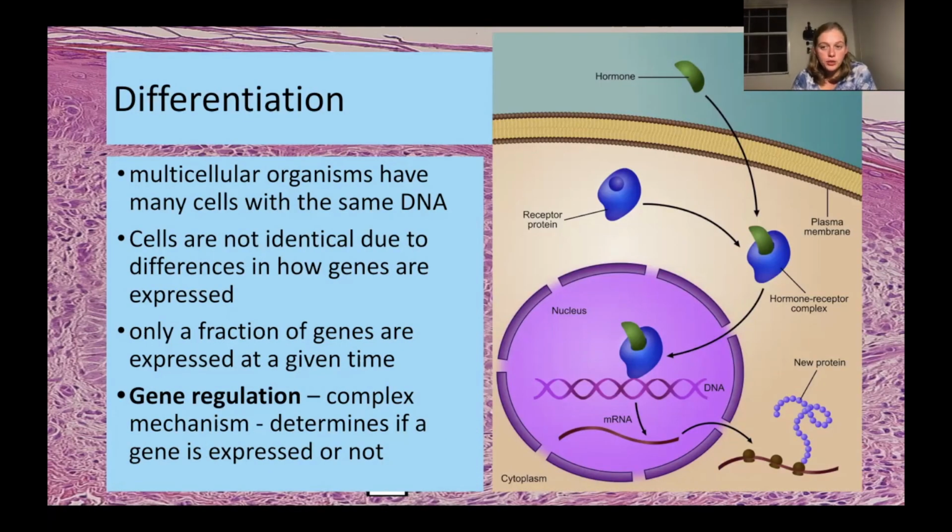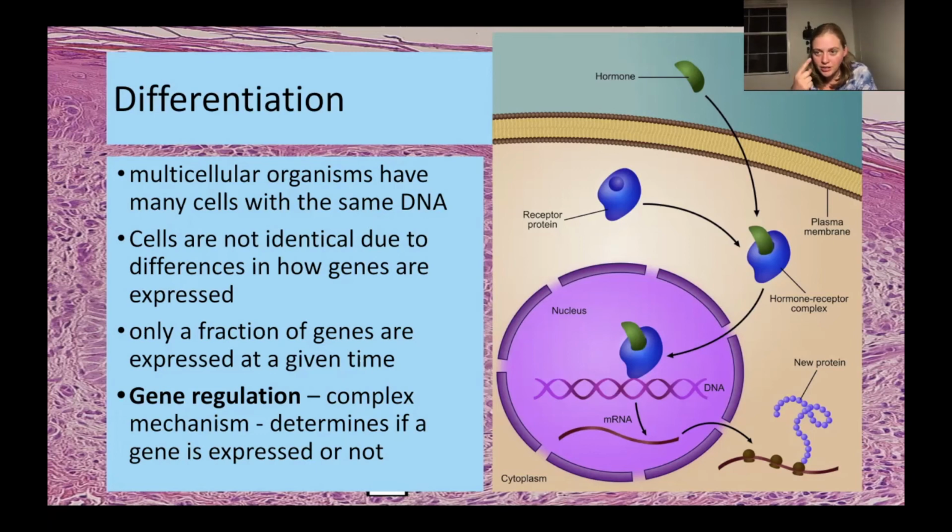So the idea of gene expression brings us to differentiation. Differentiation has the word different in it, and there's a reason for that. This only happens in multicellular organisms that have a lot of different kinds of cells. But all of the cells in a multicellular organism have basically the same DNA. So every cell in your body has the same instruction manual for making proteins.